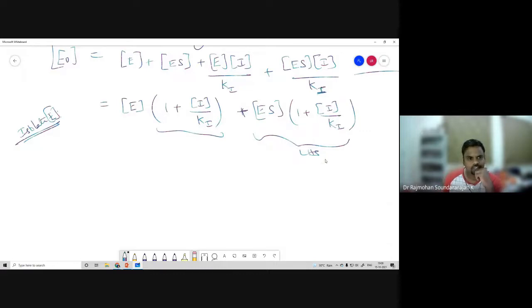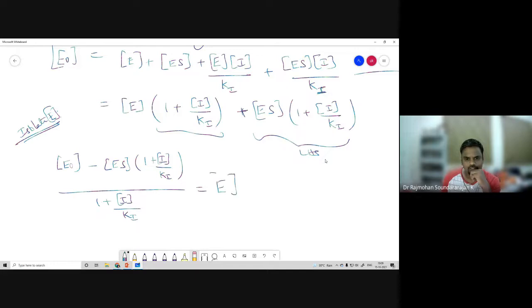What you will get is E naught minus ES into 1 plus I divided by Ki, then all of this divided by 1 plus I by Ki will give us E. Is that right? Okay, so let this be equation number 6.